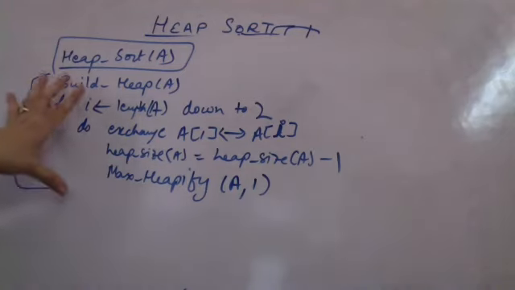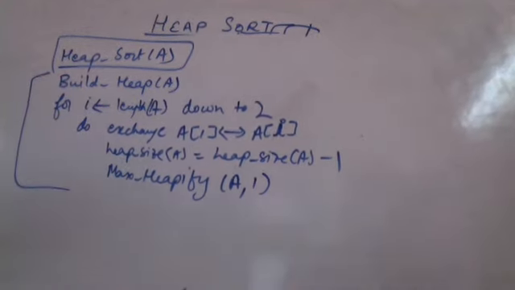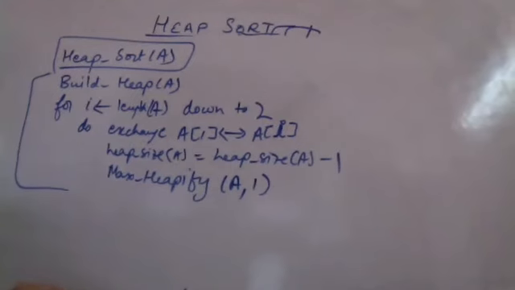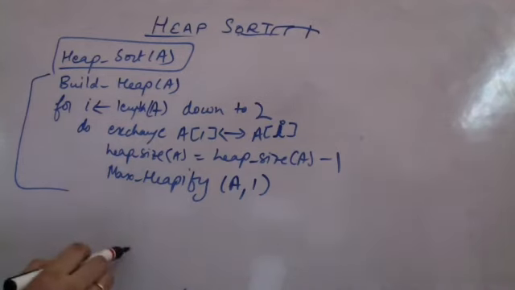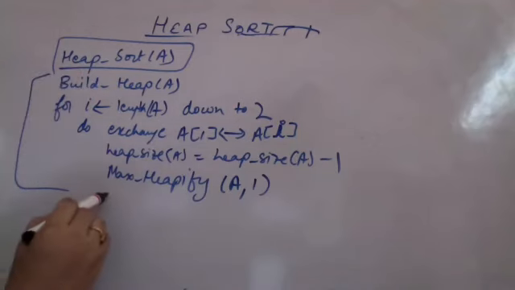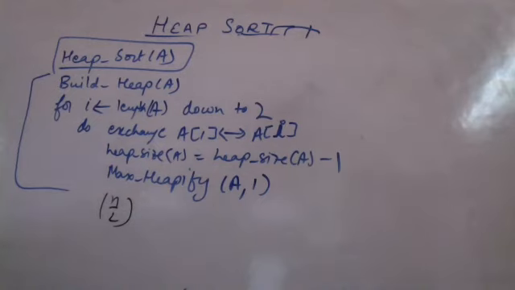If the algorithm is clear, I'll give one more example to run the algorithm later. Let's first look at the complexity of the algorithm. How much time is build heap going to take? Build heap was calling heapify. Now you will be astonished to know that the build heap procedure started from length by 2, you remember, and then we are calling heapify.